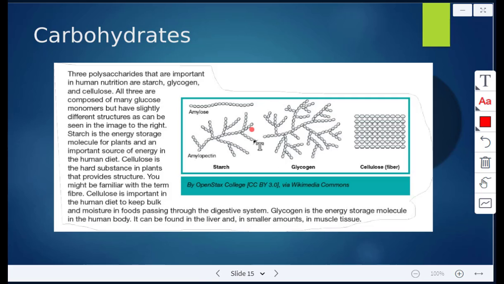And then glycogen is the energy storage molecule in the human body. It's found in the liver, and it can be found in smaller amounts in our muscle tissue.